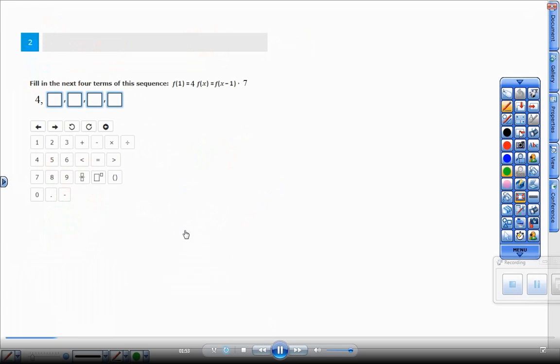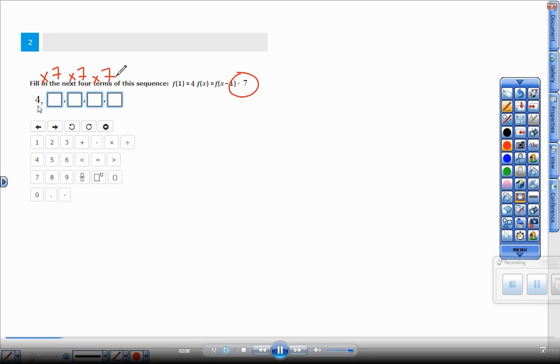Alright, next problem. This one again tells you the first term, tells you that you're timesing that number by 7, and then the next number by 7, next number by 7, following the recursive pattern.